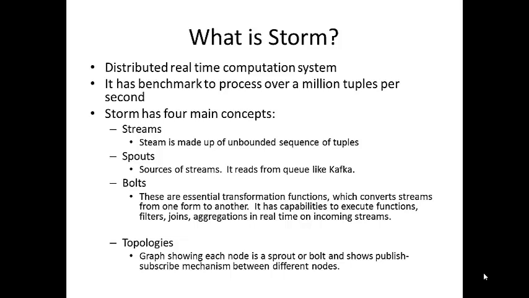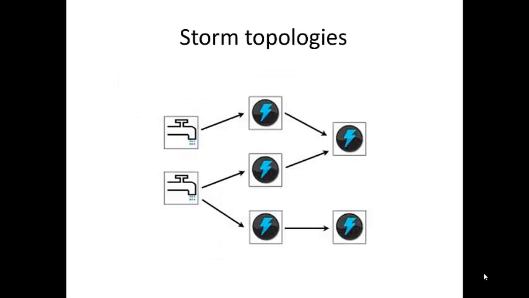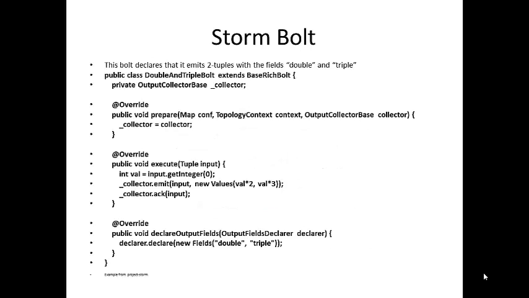And the topology is where you put all these together. If I can say it another way, it's more like a workflow across different points. Here are the Storm topologies in a figure from Project Storm. Here is a small example of how a bolt is written, which is basically just a declaration of the tuple.